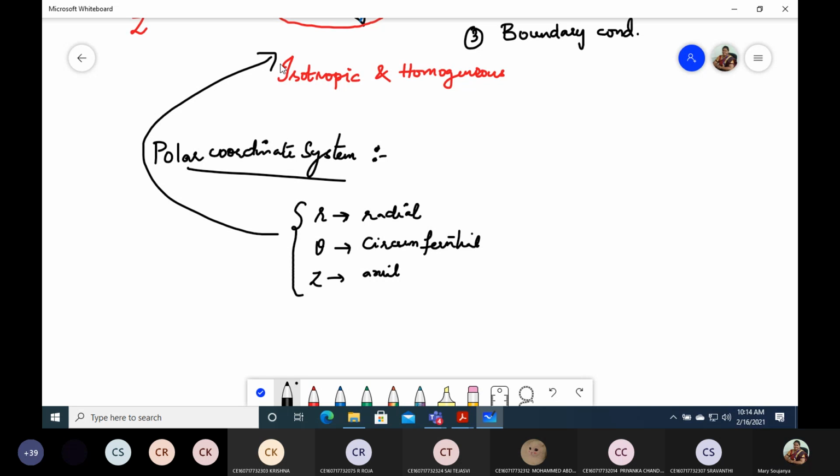So note down the points now. If a problem geometry is symmetric about an axis, and the loading and boundary conditions are symmetric about the same axis, the problem is said to be axisymmetric.